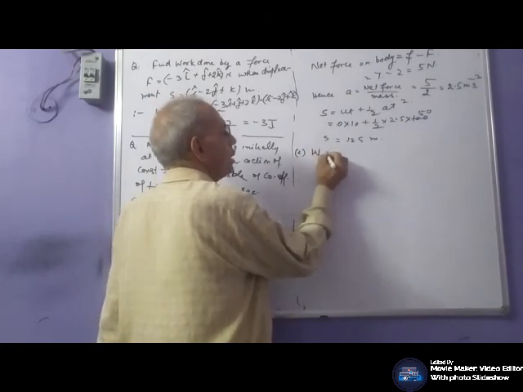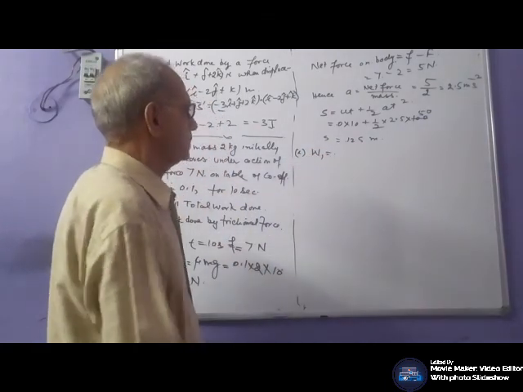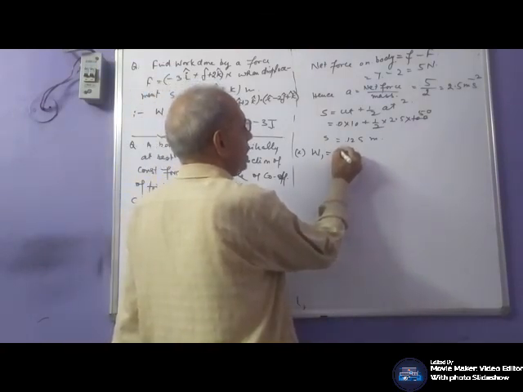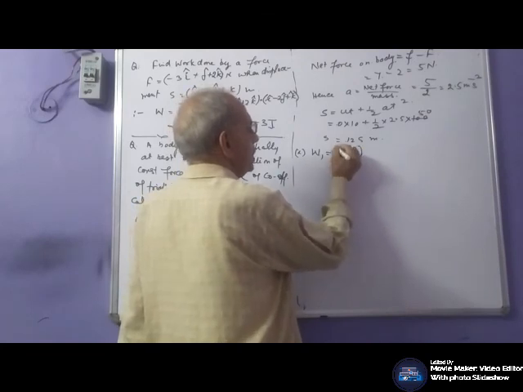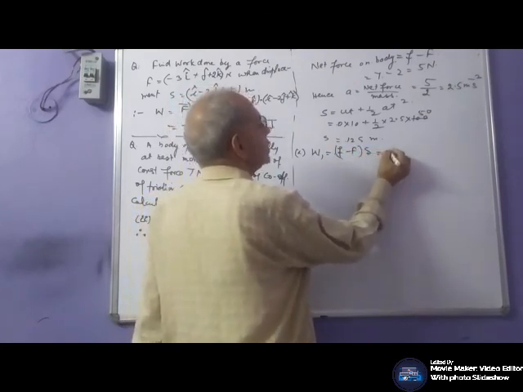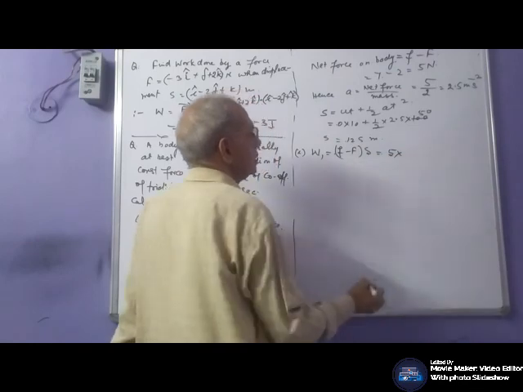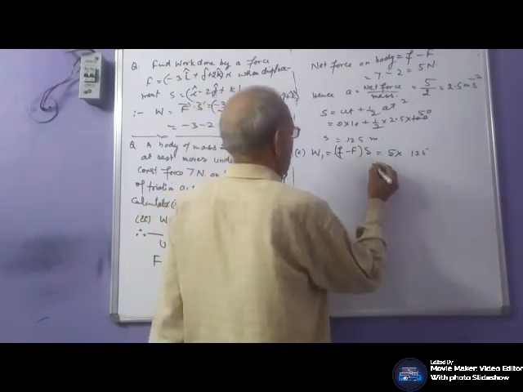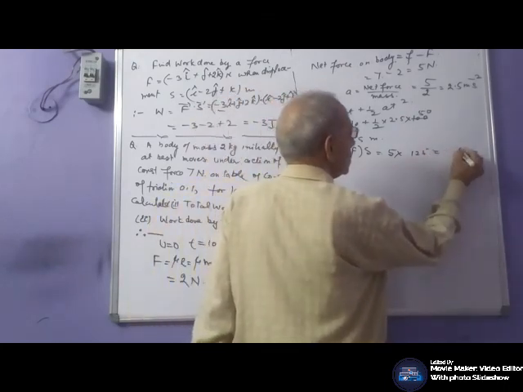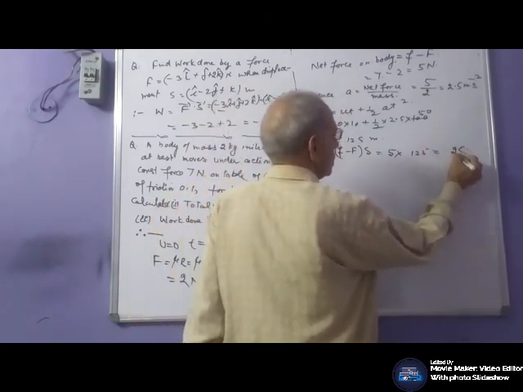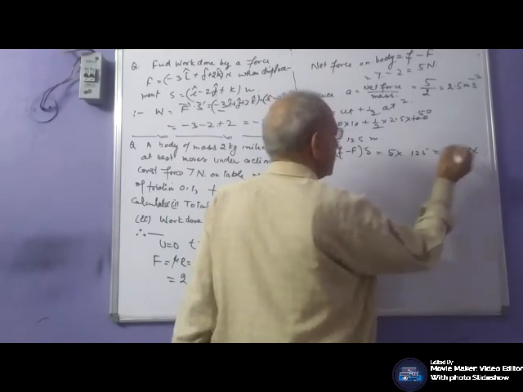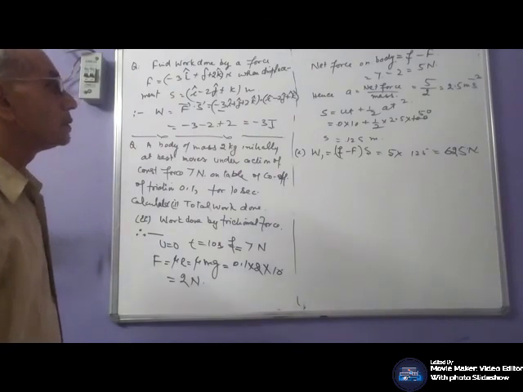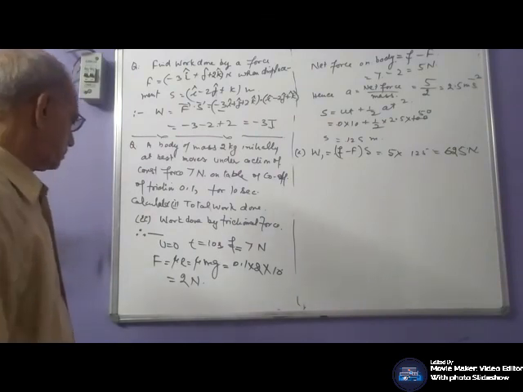So first, work done by net force is F minus f into S. This is 5, this is 125. Multiply 5 with this, it is 625 Joule.